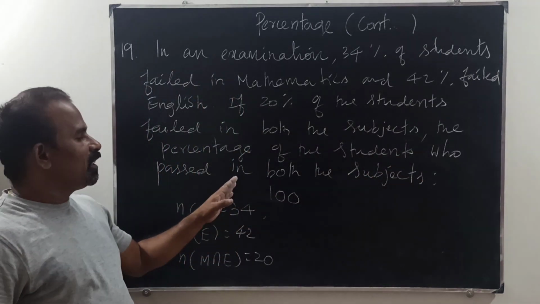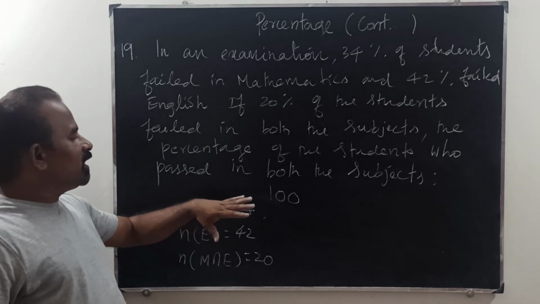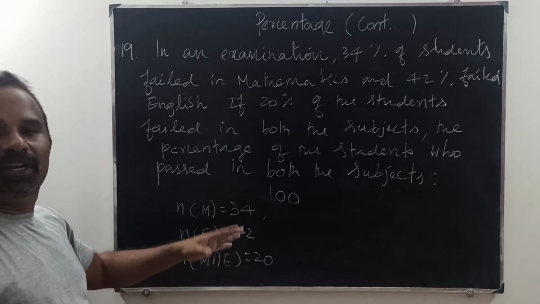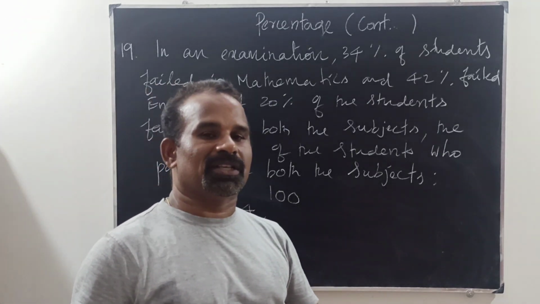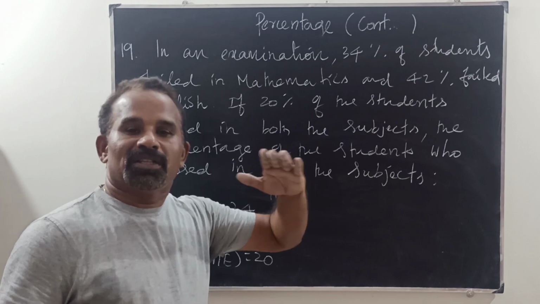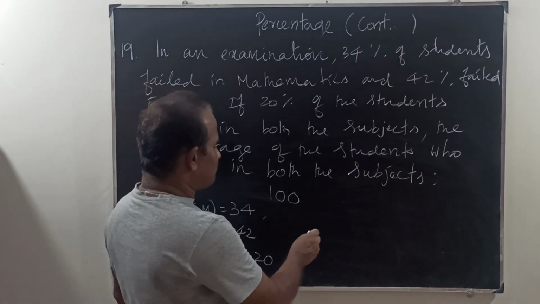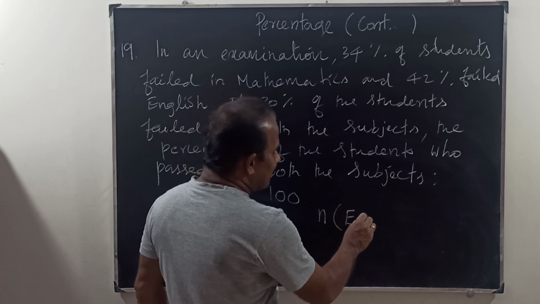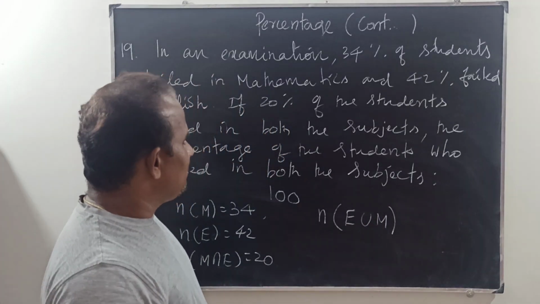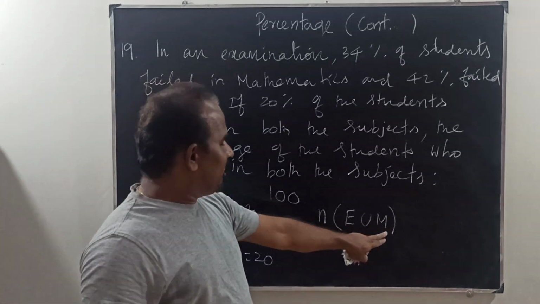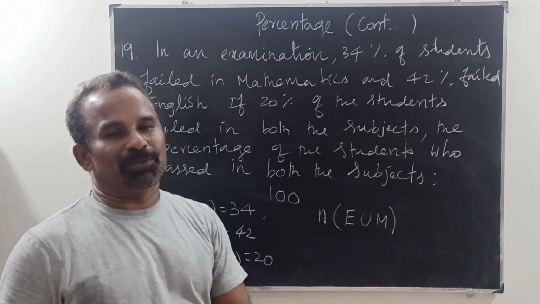That means we have to leave out the students who failed in any one of the subjects, because those students definitely have not passed in both. So we find the number of students who failed in any one, N of E union M. We subtract this from 100 to get passed in both the subjects.